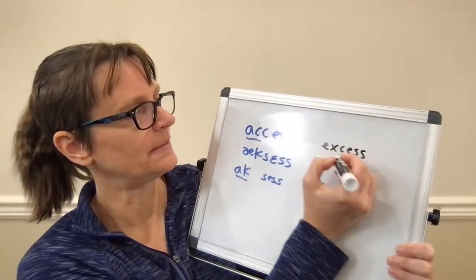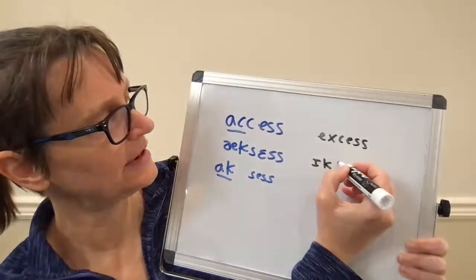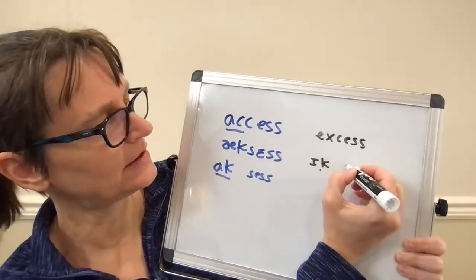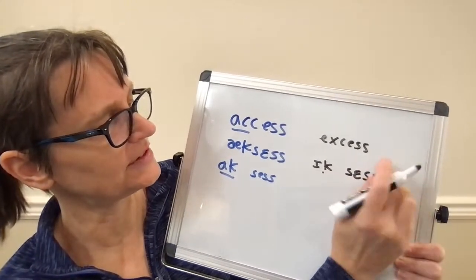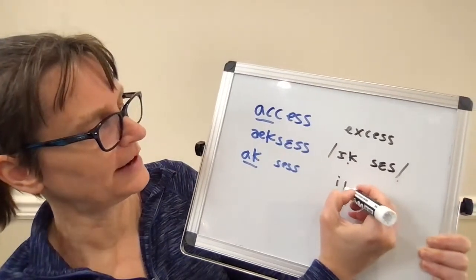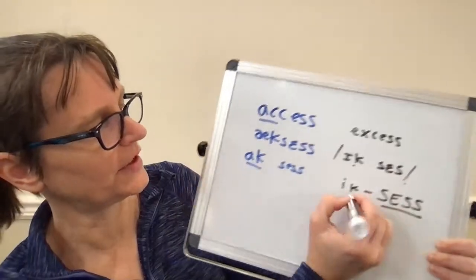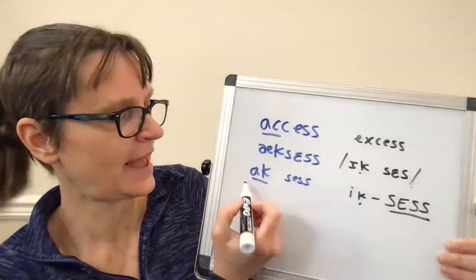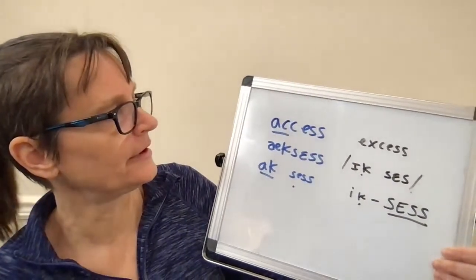So we have the unstressed I sound, excess. That's my IPA, so I would write it like this, and then you want your cess to be long. So I have long, short, access versus short, long, excess.